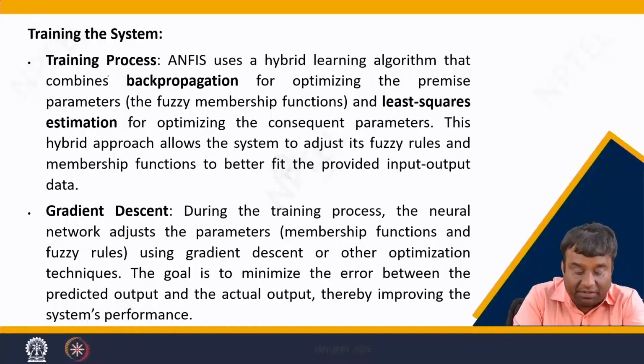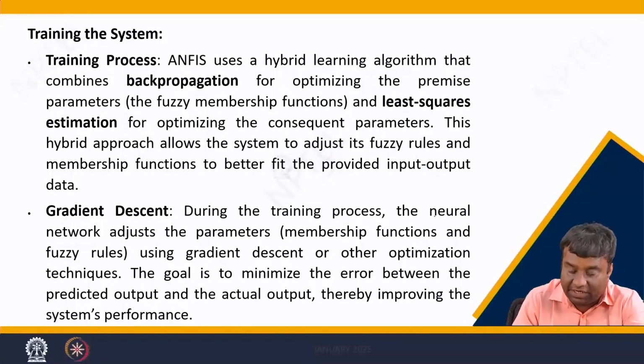Now training the system. Training process: NFIS uses a hybrid learning algorithm that combines back propagation for optimizing the premise parameters, the fuzzy membership functions, and least square estimation for optimizing the consequent parameters. This hybrid approach allows the system to adjust the fuzzy rules and membership functions to better fit the provided input-output data.